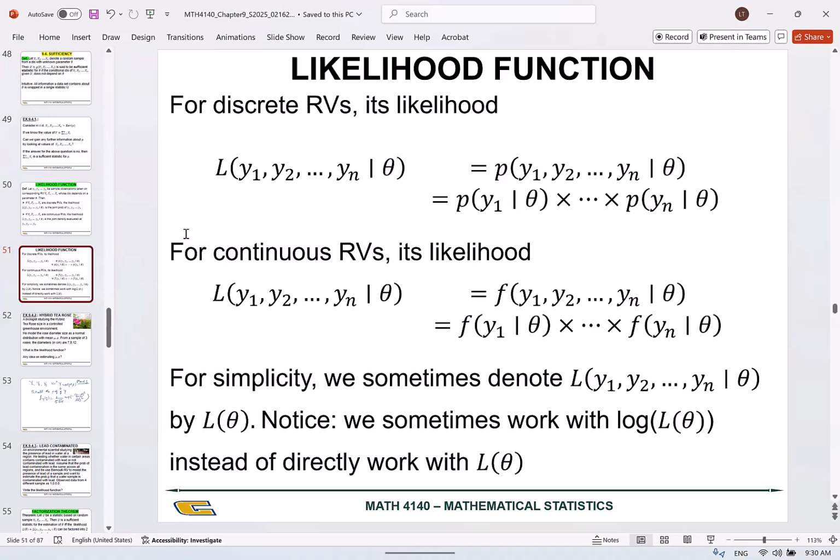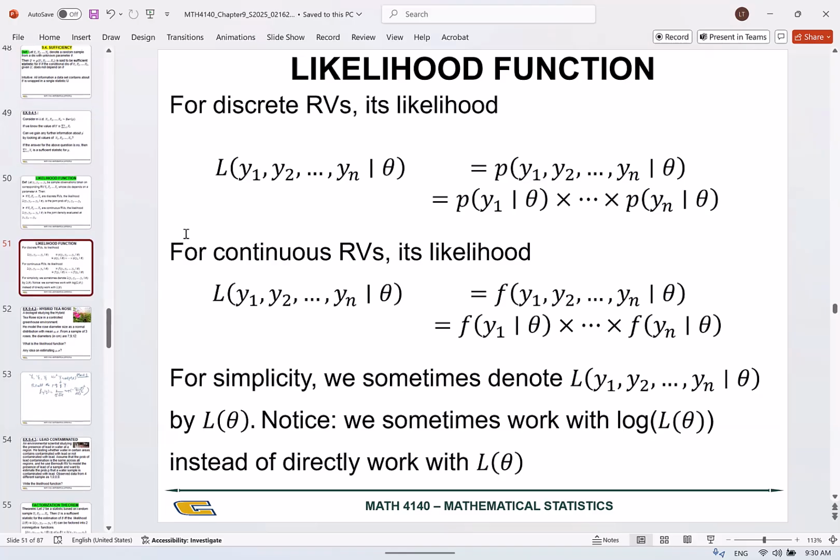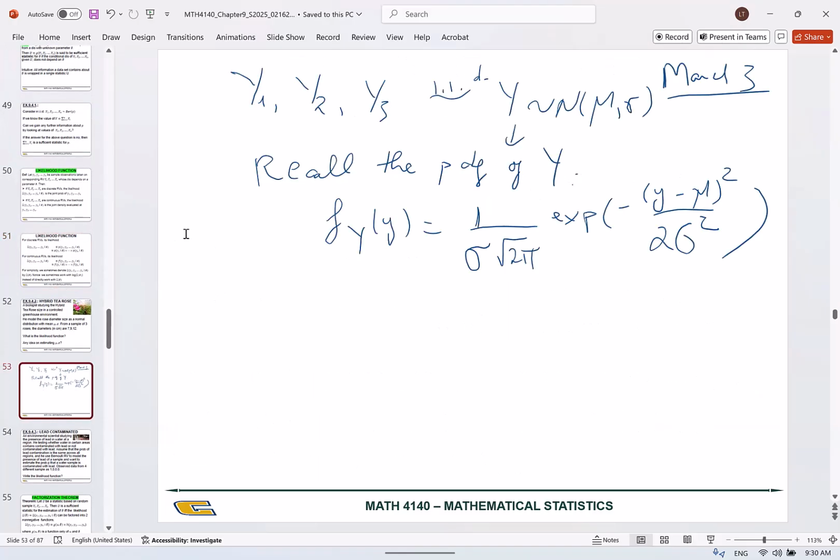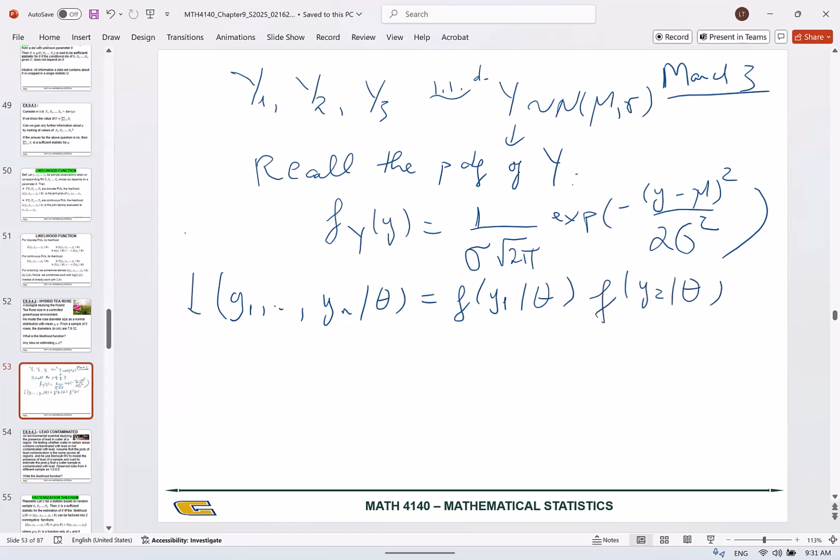F of y1 given theta, F of y2, and F of yn, given theta, will be F of y1 given theta times the rest. In this case, theta will be mu and sigma, it's just a 2-dimension case: F of y2 given theta and F of y3 given theta.